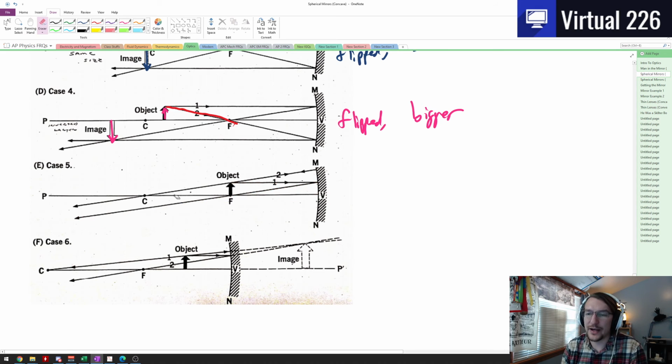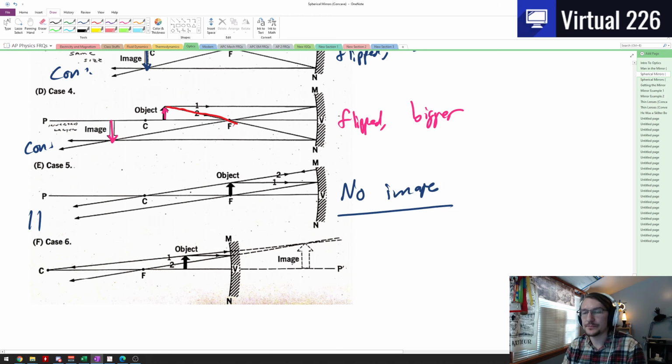And since these lines are parallel, they're never going to converge over here. These lines converge, these lines converge, these lines are parallel. And since they're parallel, they're not going to converge. But they're not going to diverge either. So we have no image. That's the Kamehameha wave.